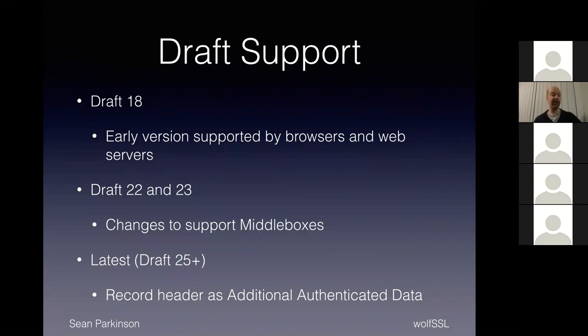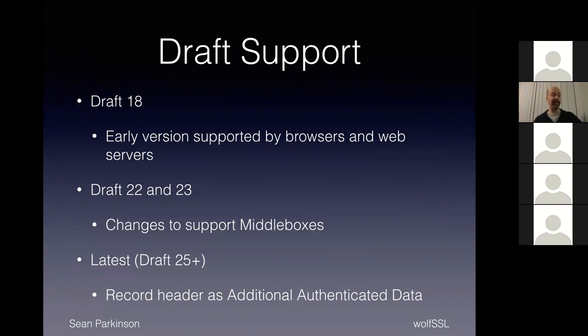Now, middle boxes, I'm talking about those devices that sit between any client and server that either intercept it or are just there to read it and to monitor it. For example, in a corporate network, there are likely to be boxes or devices that are monitoring the network for security reasons. If they see a TLS packet that they don't like or understand, say if it's an unusual looking TLS 1.3 packet, then they may choose to just discard it or not let it through, basically.